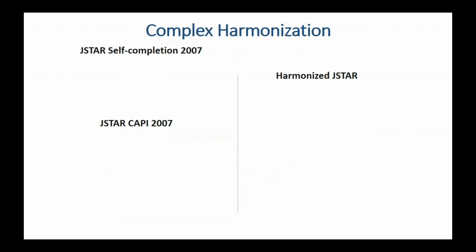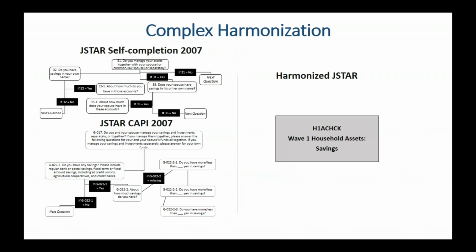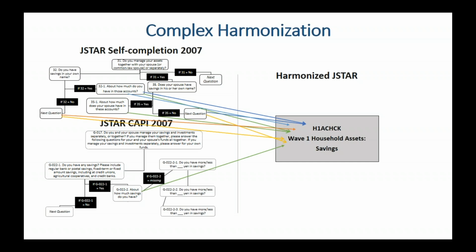Here is an example of a complex harmonization. In order to get a value for the amount of household savings in the first wave of JSTAR, we have to take into account a series of questions from the CAPI and from the self-completion questionnaire.